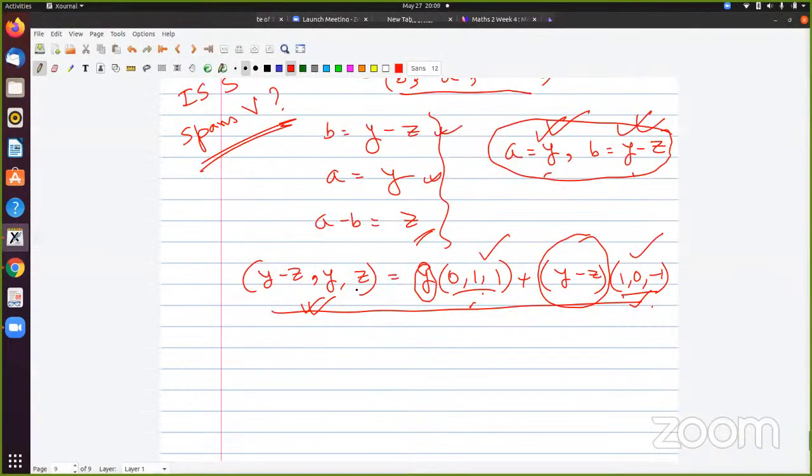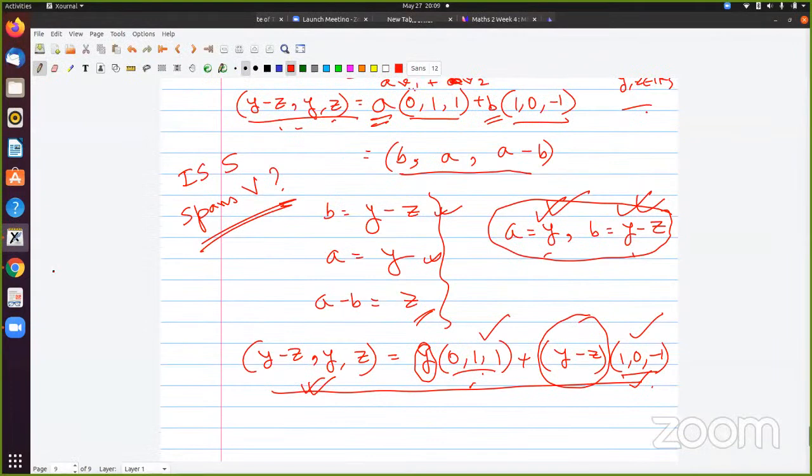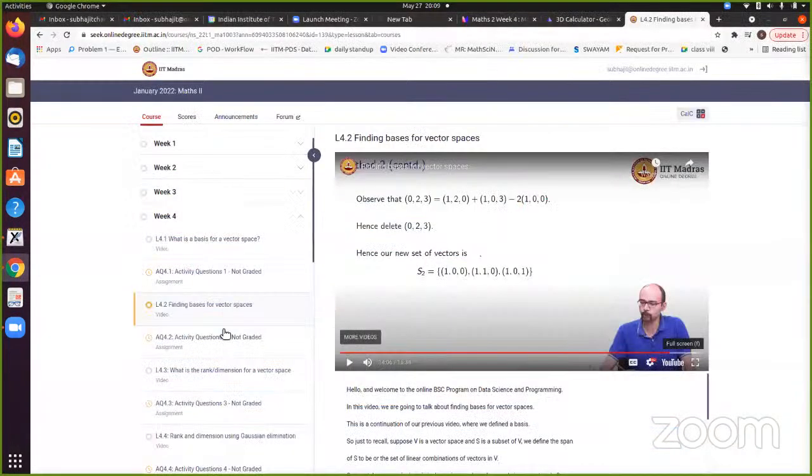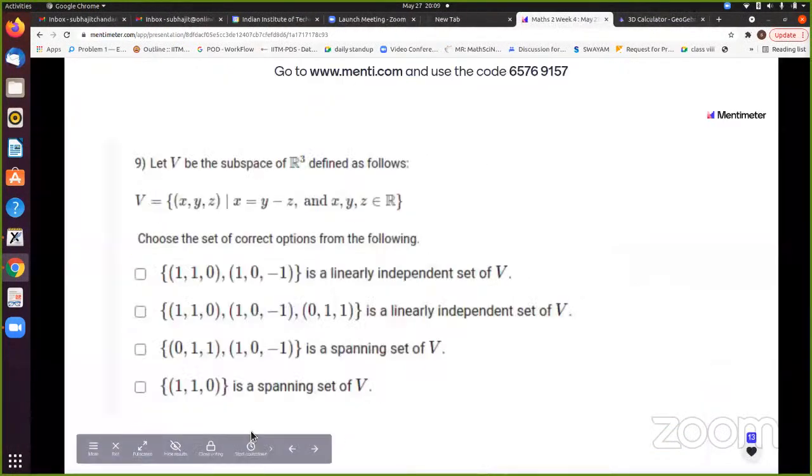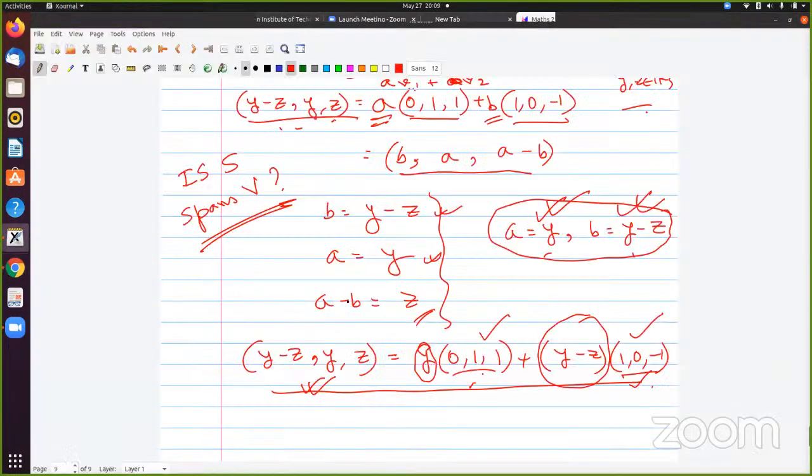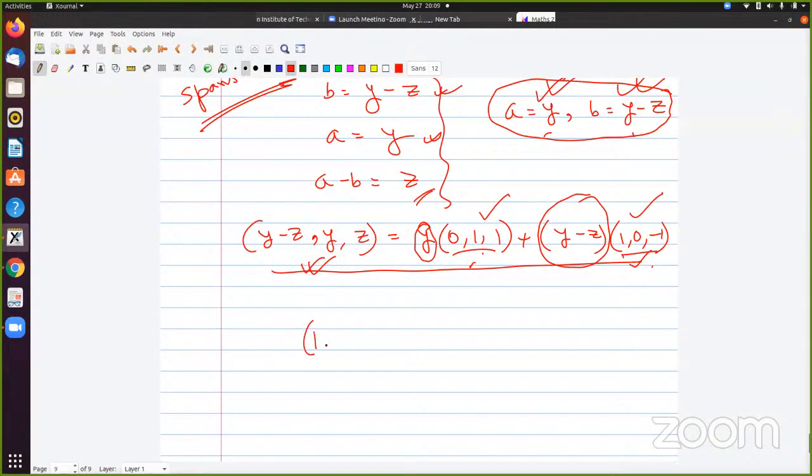Okay, so let's come back here. What about the fourth option? Is this a spanning set of V? Yes, it is also a spanning set. No, sir, we cannot get the span with only a single element. So this is only (1, 1, 0), right? And our general element is (Y minus Z, Y, Z).